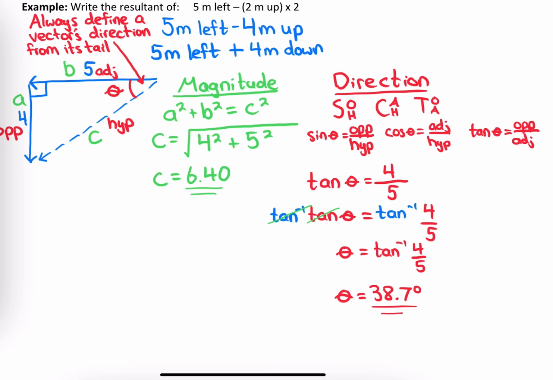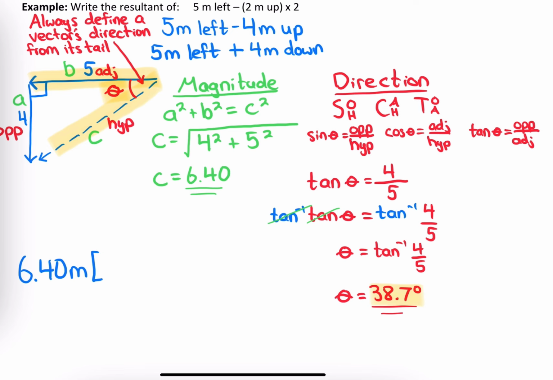So its magnitude is 6.40. And that number is going to be in meters, right? We were working with meters in this problem. And its direction is 38.7 degrees. That's this guy up here. And that shows my vector as being below this horizontal line. That angle compares the horizontal line to my vector there.